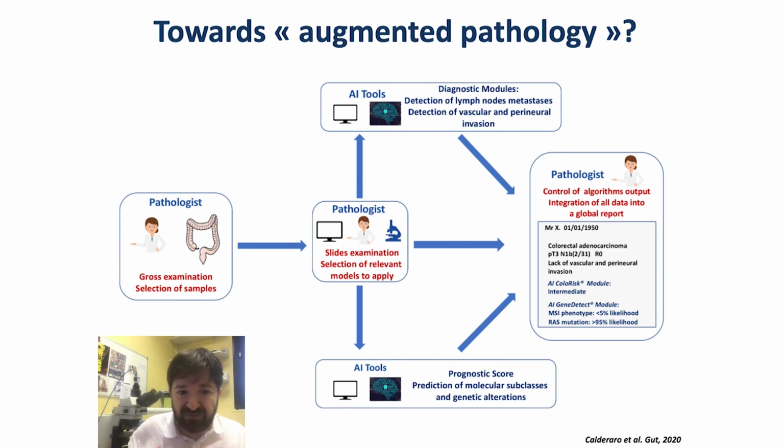You can detect, for example, metastasis in the lymph node using these diagnostic modules, and you can predict the genetic alterations and the prognosis, and then at the end you have a composite pathological report. You have the conventional diagnosis and the conventional assessment by the pathologist, but you also have the predictions performed by the model, for example for the molecular alteration or for the aggressiveness of the tumor.